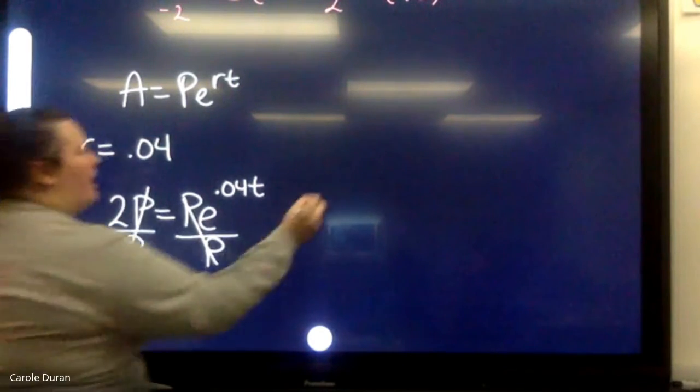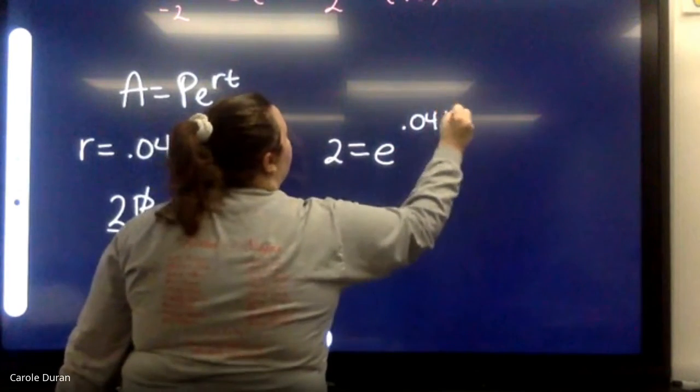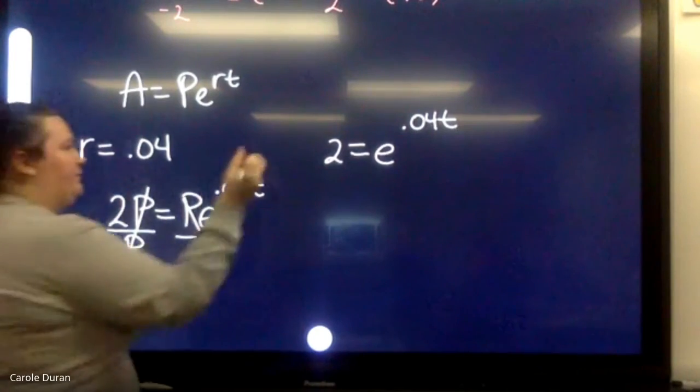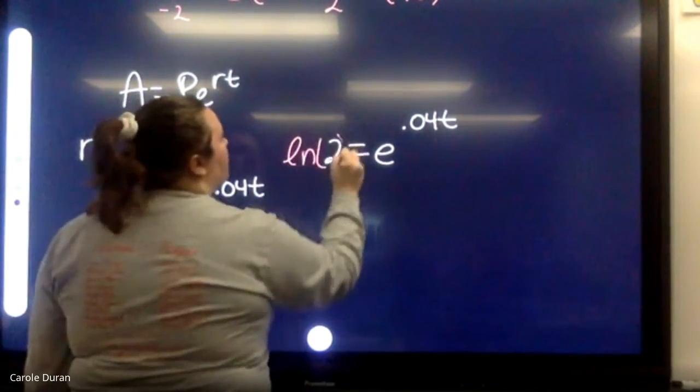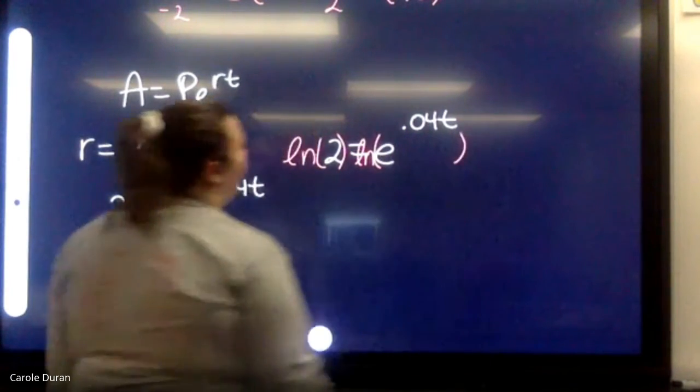When I do that, I'm left with 2 equals e to the 0.04 t. We take the natural log of both sides. It's different than multiplying it, but I know what you mean. So I'm going to take the natural log of the left, and I'm going to take the natural log of the right.